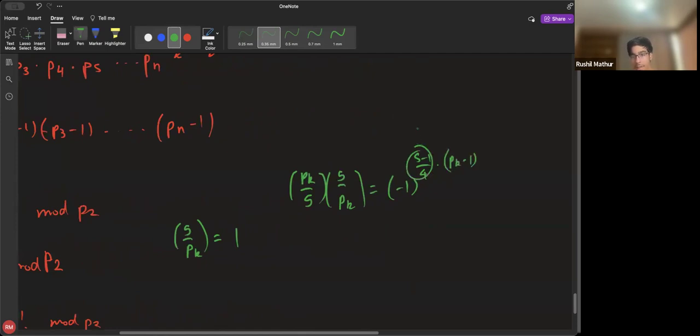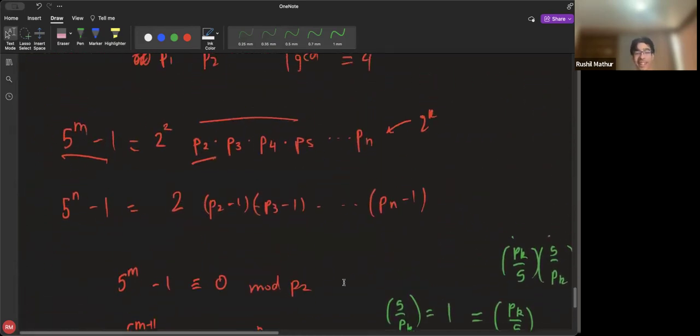This is just 1, and pk minus 1 is even. So this is minus 1 to the even, which is 1. So (pk by 5) and (5 by pk) are the same thing. So this is equal to (pk by 5), which says pk is congruent to plus or minus 1 mod 5, because the only QRs mod 5 are plus or minus 1.